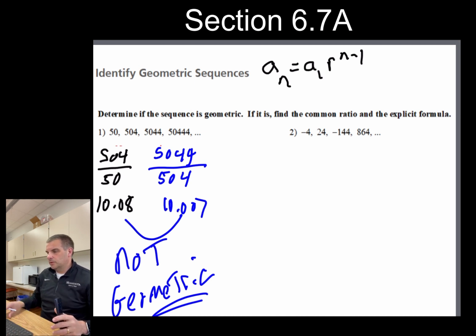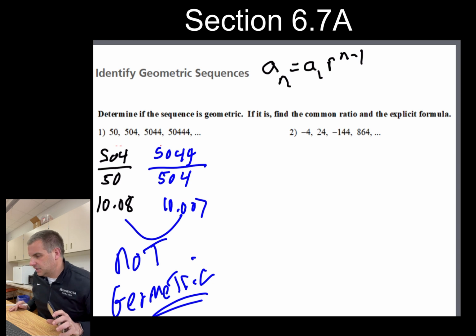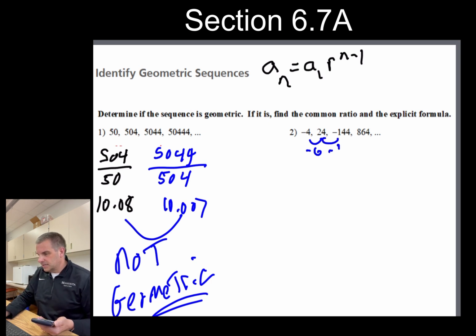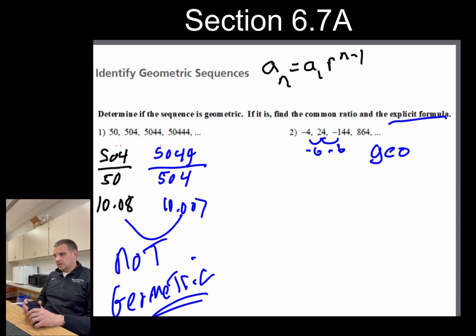Okay, the next one. Negative 4, 24, negative 144, and 864. So I'm going to go 24 divided by negative 4. That's times negative 6. So I'm just going to go 24 times negative 6, see what I get. Hopefully I get 144. I do. So that's negative 6. So we know this is geometric. Now we have to write the explicit formula.